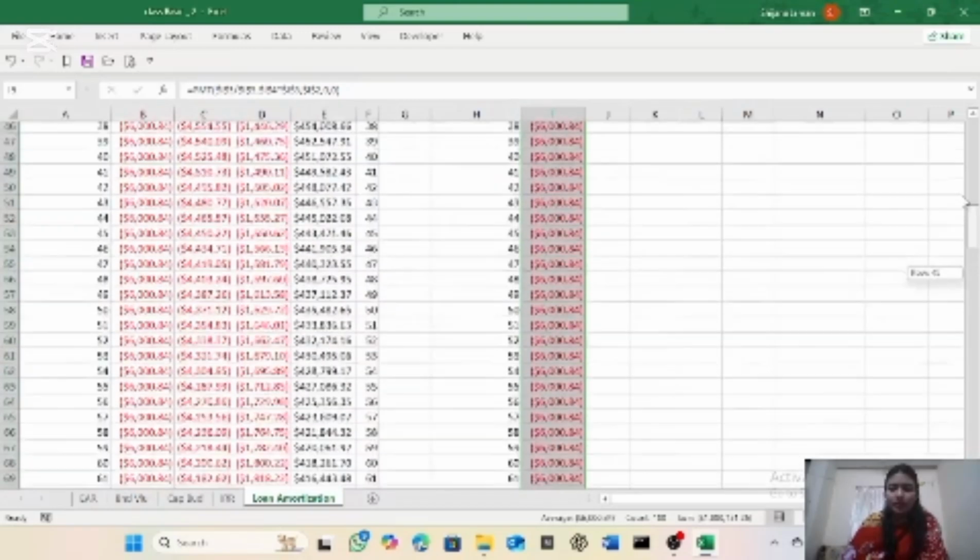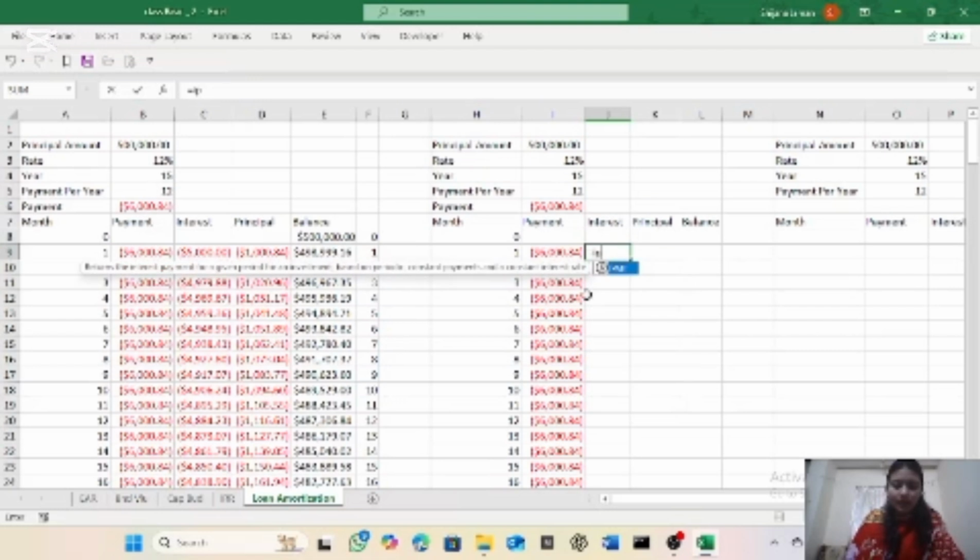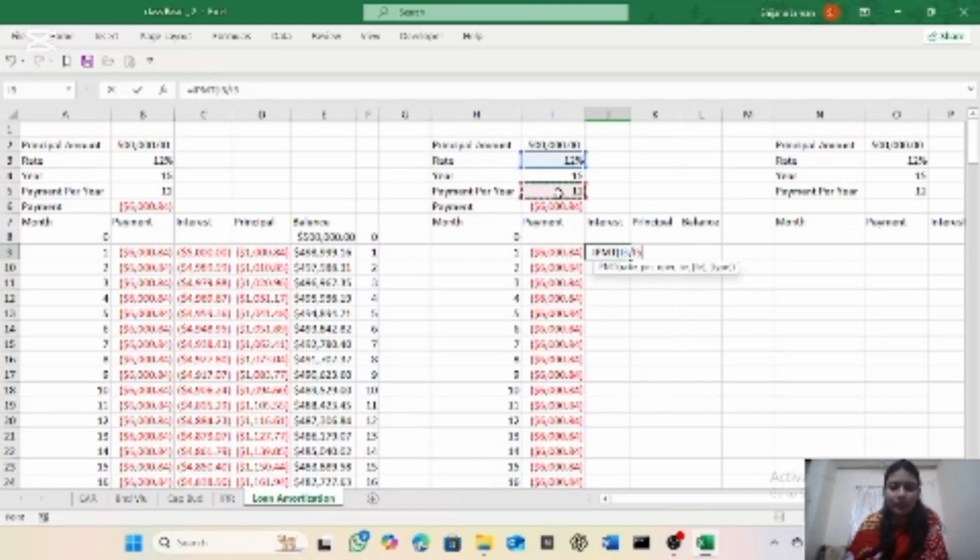rate has been included. For interest, the formula is equal IPMT. Rate is 12% divided by payment per month. If there was no payment per month or per year, we do not have to divide the rate, and not multiply with NPER.